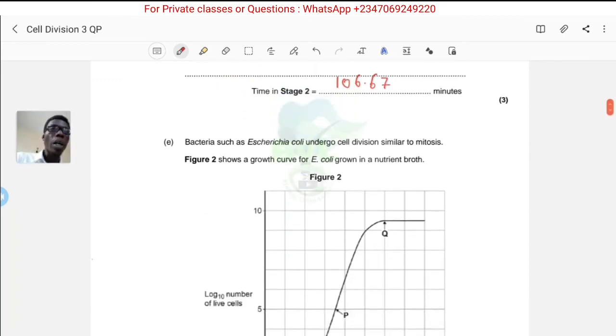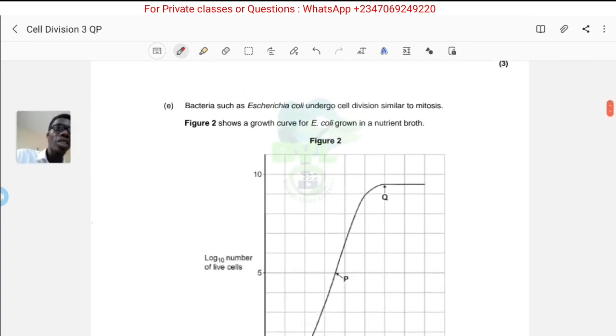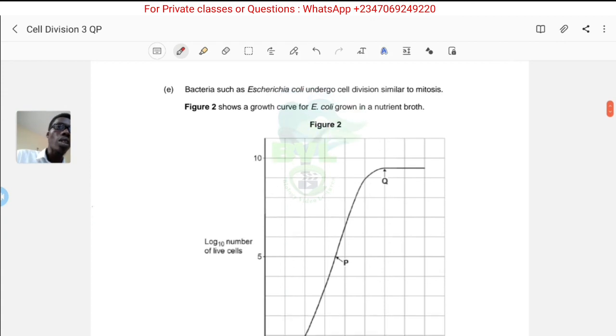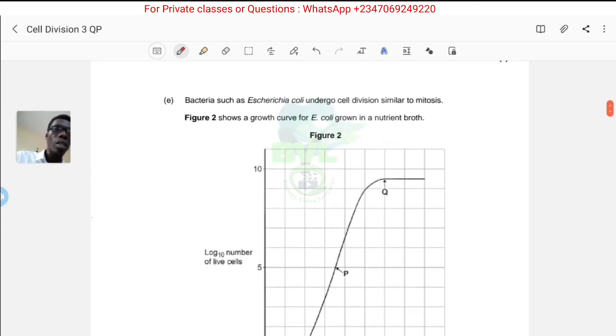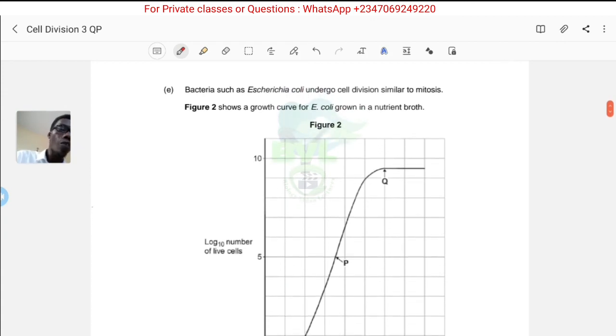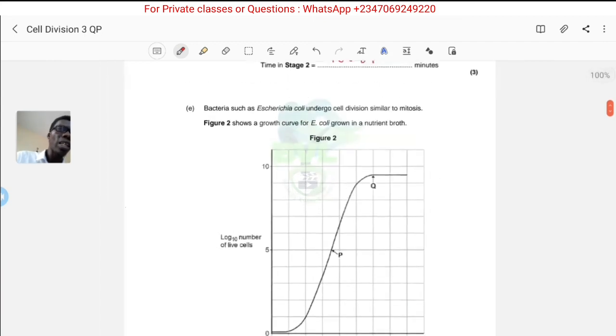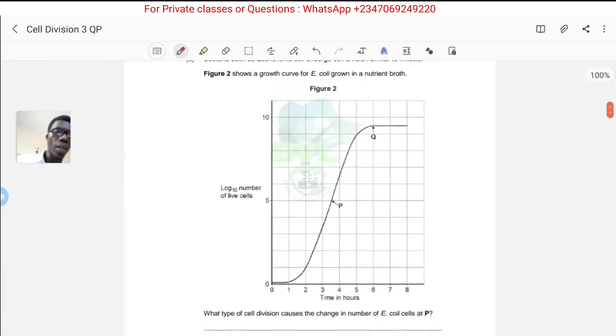Moving on. Bacteria such as Escherichia coli undergo cell division similar to mitosis. Figure 2 shows a curve for E. coli grown in a nutrient broth. Okay, what type of cell division causes the change in the number of E. coli?